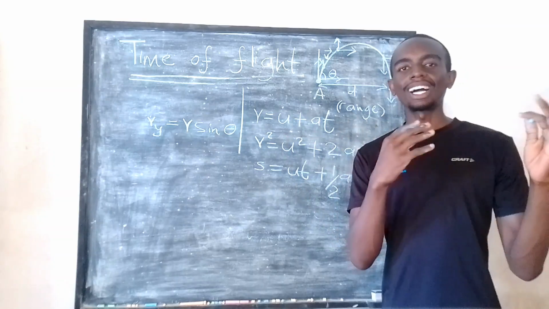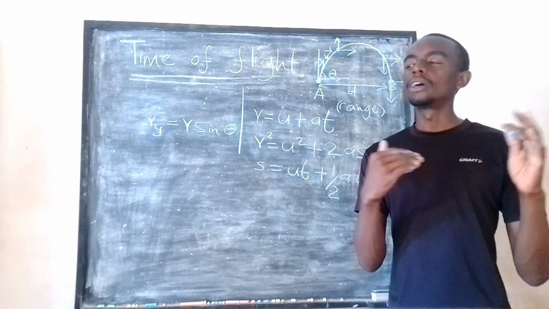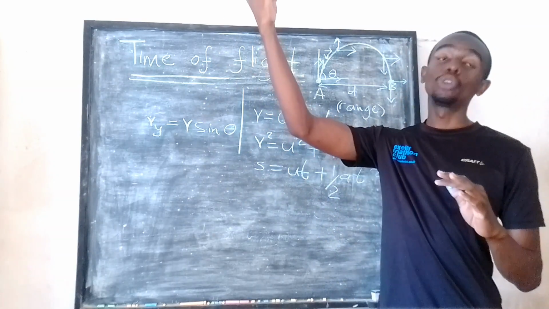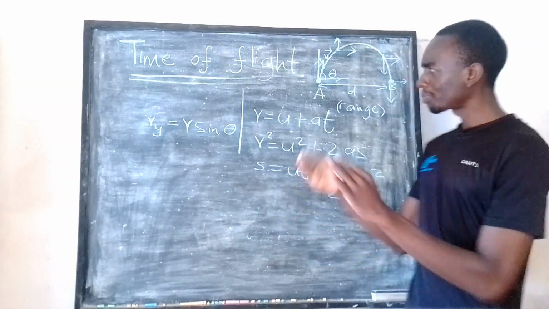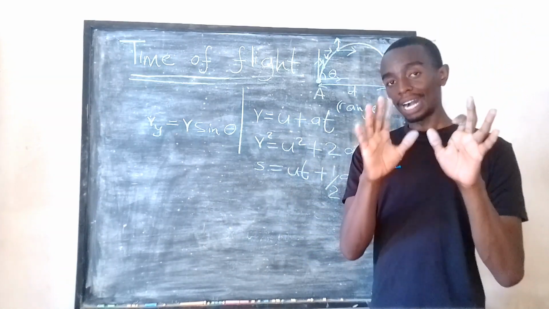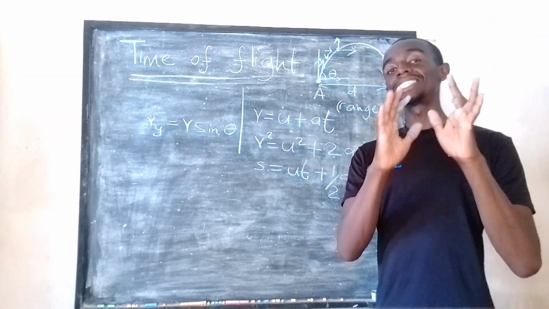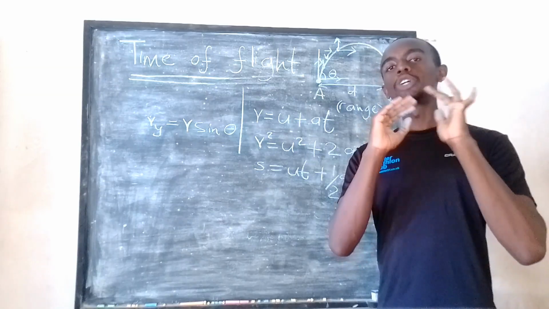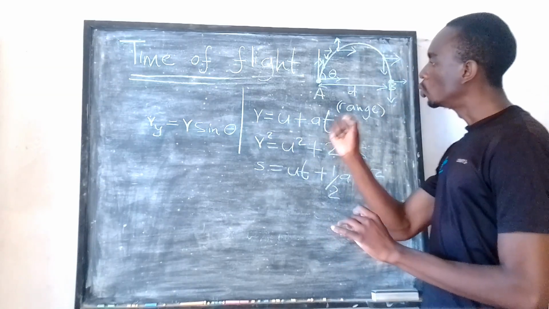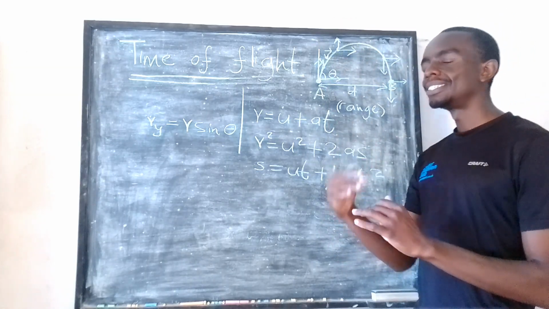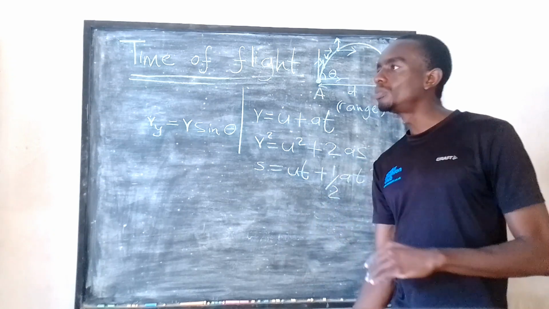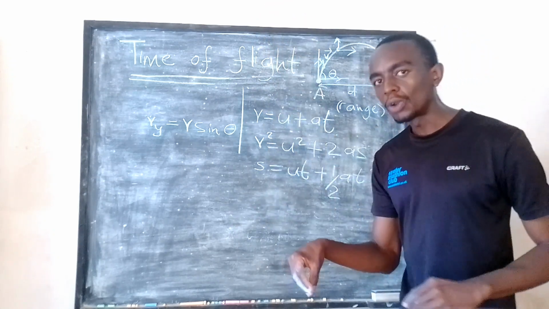They change the signs depending on whether the object is moving upwards or downwards during the motion. But as for you guys, you'll still get the correct answers. Please trust me. Do not change the sign depending on whether the object is moving up or down.